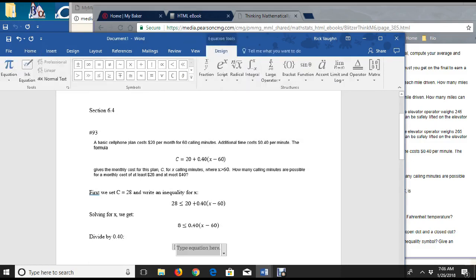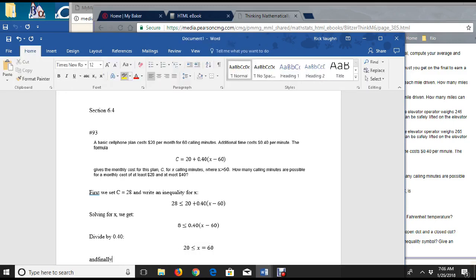So 8 divided by 0.40 is 20. I don't need the parentheses anymore.